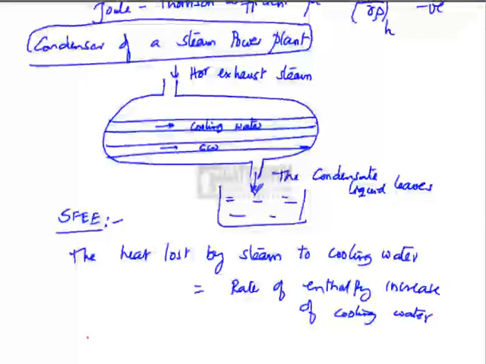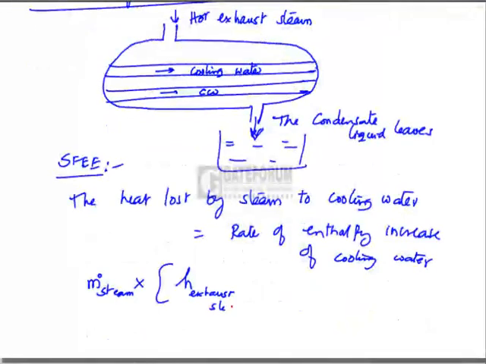that is, mass flow rate of the steam into enthalpy of the exhaust steam minus enthalpy of condensate liquid should be equal to the mass flow rate of the cooling water.